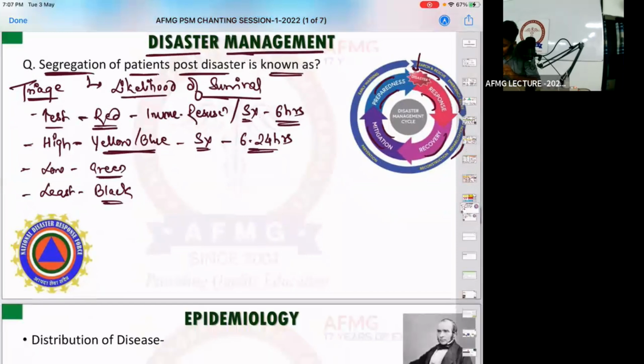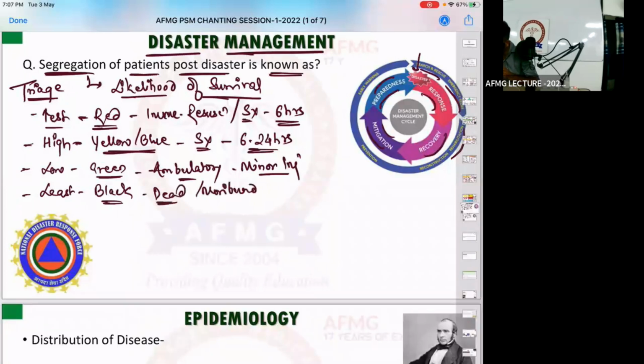An ambulatory patient, roaming here and there with only minor injuries, is included in green. And the dead patient, moribund patient, and the last one that came in the exam and people don't remember: the unsalvageable patient. They also come in black priority.